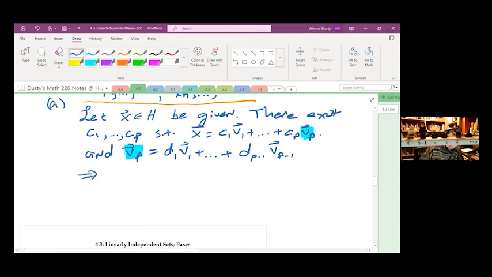This tells us that X is equal to C1 V1 plus all the way to CP minus 1 VP minus 1 plus CP, here's the CP, and then we replace our VP with all of this right here.